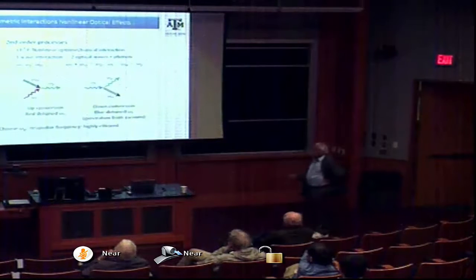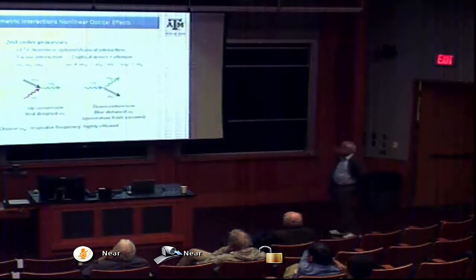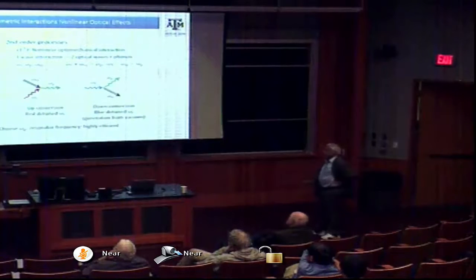This kind of interaction allows you these two distinct possibilities. You can come in with a red detuned photon, and let us say you have the mirror excitation. Then these two can combine and produce a photon at the higher frequency, omega p.